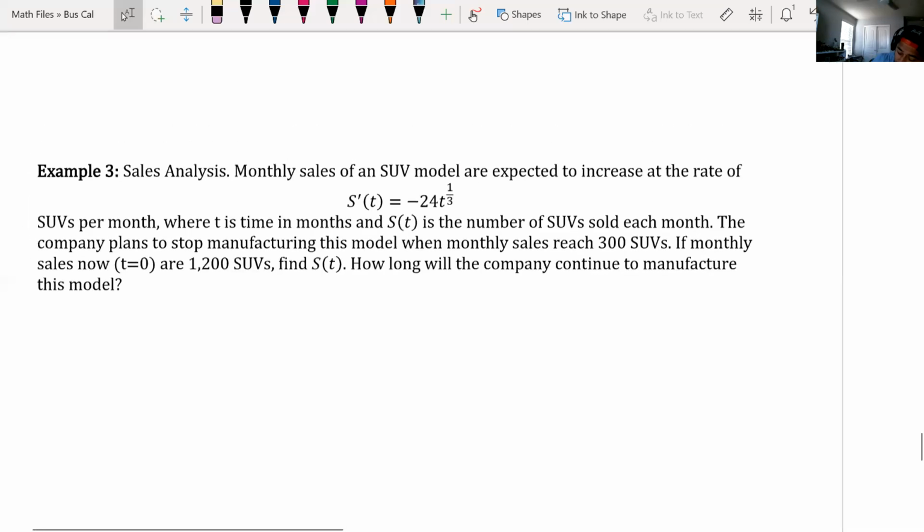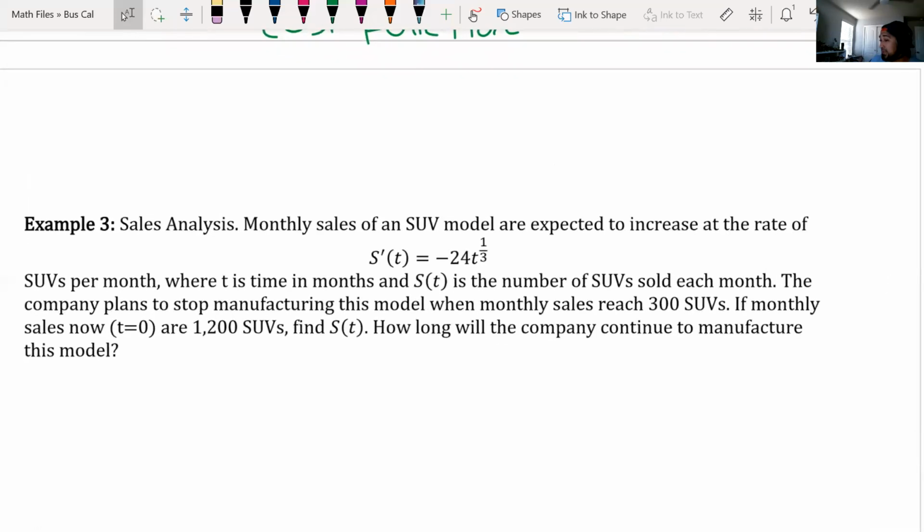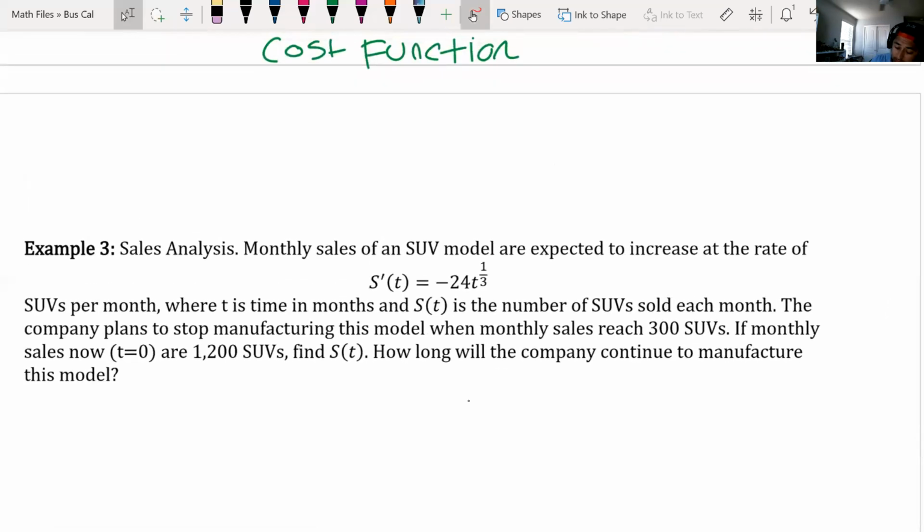Okay. So we have to find S of t, but I want to label some clues that are given here. So we want to stop manufacturing this model when sales reach 300 SUVs. So one of our first clues is that we will stop sales when we reach 300 SUVs.